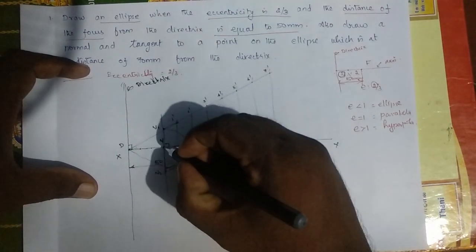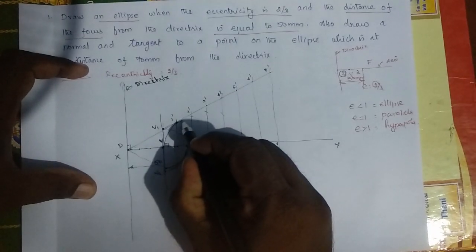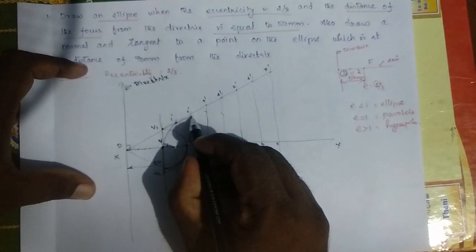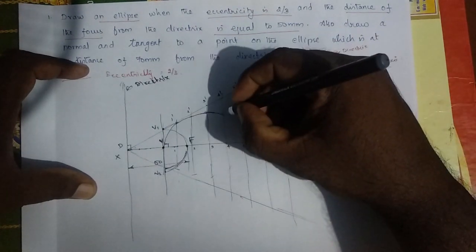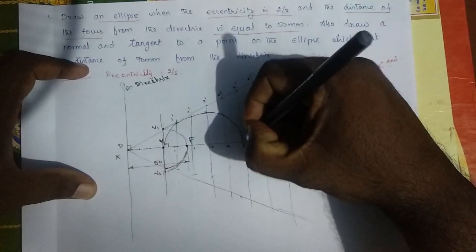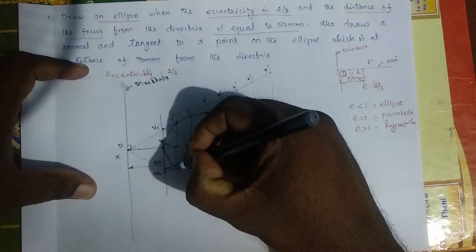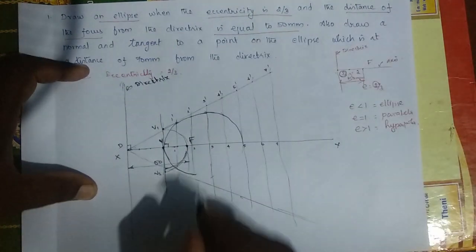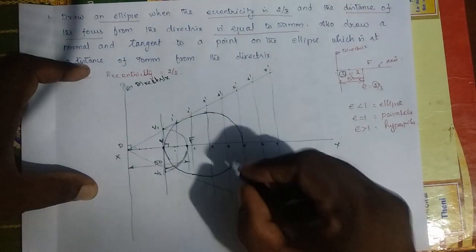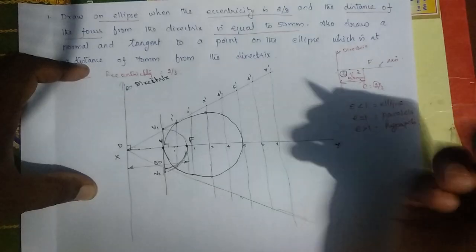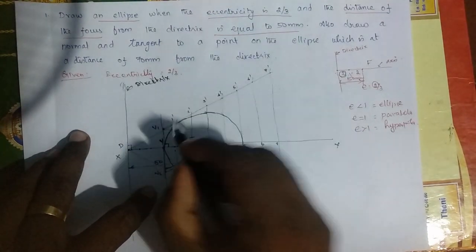Okay, so now you join all the points. So from the vertex to this point, and then the second point, and then the third point, and fourth point, and finally the fifth point. Similarly, on the bottom side also 1, 2, 3, 4 and 5.